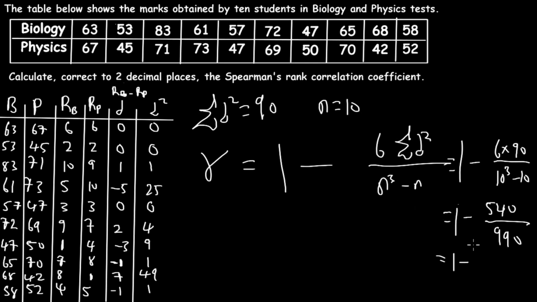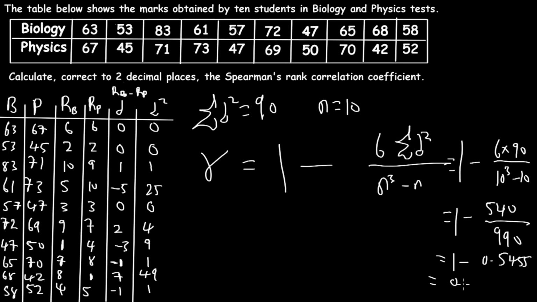I got 0.5455. Then we have 1 minus 0.5455.